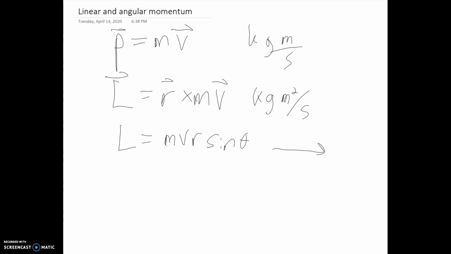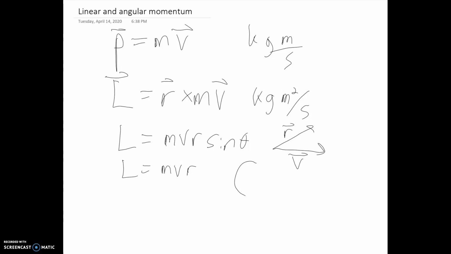So if this is v and this is the radial vector, that's going to be those. If they are perpendicular to one another, then it's going to be mvr. That a lot of times describes things that are going around in a circle.